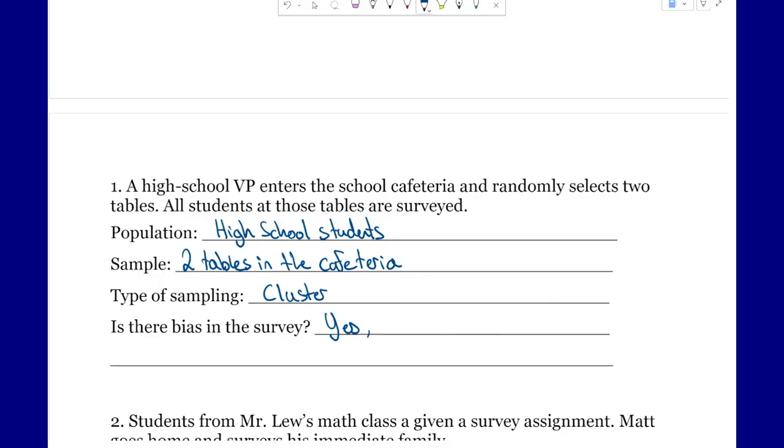So there could be some bias, and the fact is that there's maybe only one grade at a table. So if you ask everyone at the table, that might just be all grade 10s. So you're not getting a good idea of high school students. You're only getting one grade.